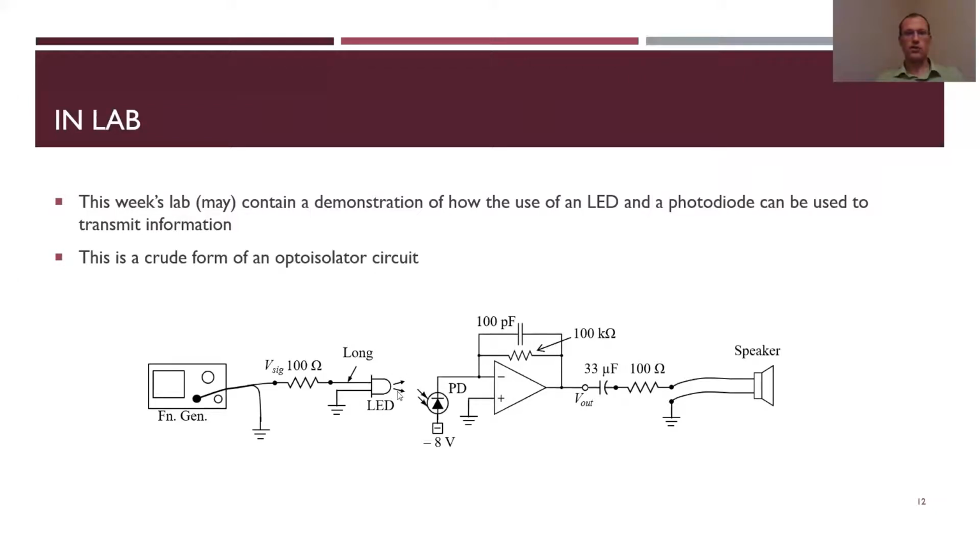That makes the diode produce a current at that frequency, which goes through this transimpedance amplifier, giving an output voltage at that frequency, and that output voltage was used to drive a speaker, so the speaker would output the sound of that frequency. That's what this part of the lab was supposed to do.